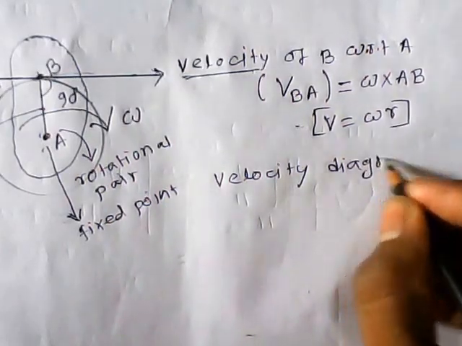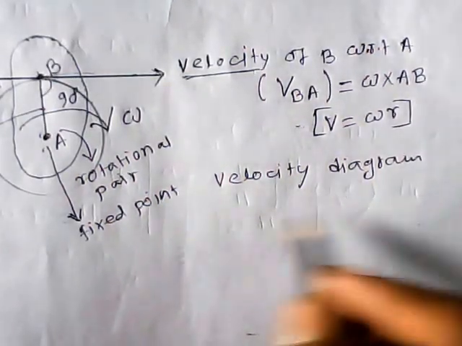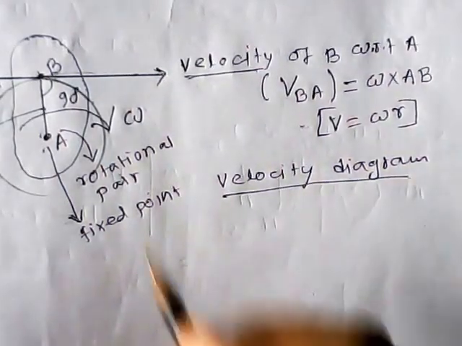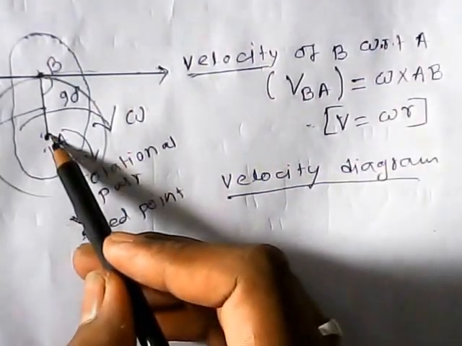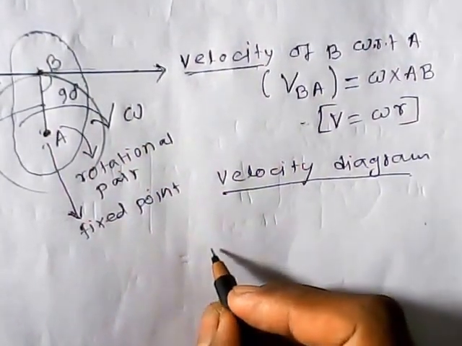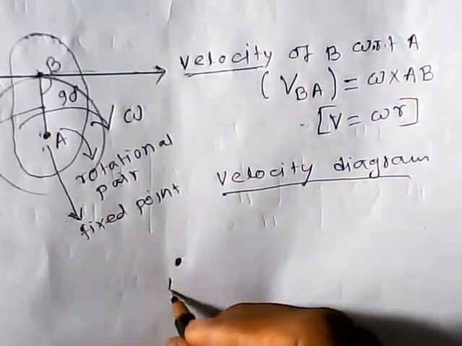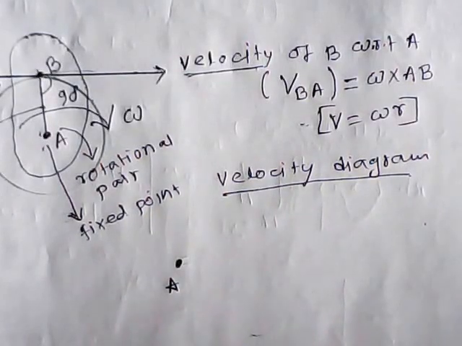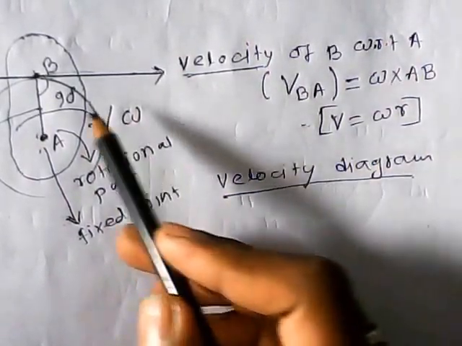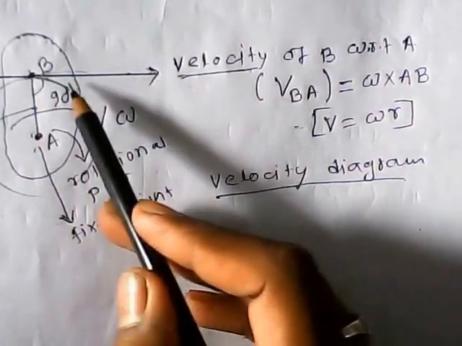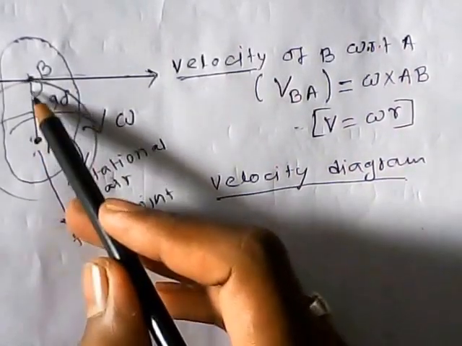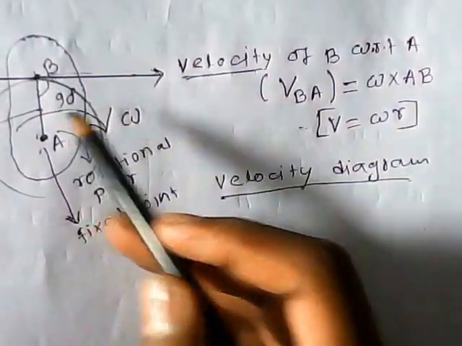Now the velocity diagram of the link AB. We have to find the velocity diagram of a mechanism. Also we have to find out the velocity diagram of a link AB. Suppose this is the fixed point, the point A, and the direction of the velocity is in the right hand side direction.